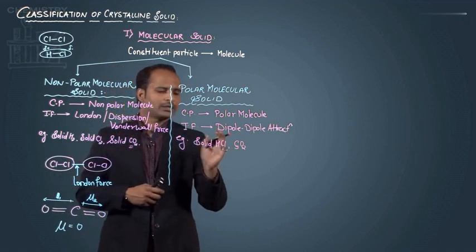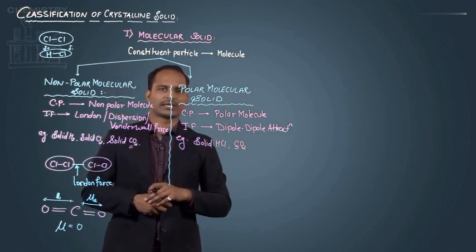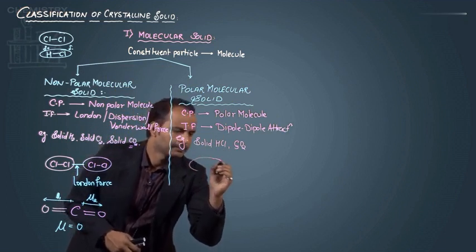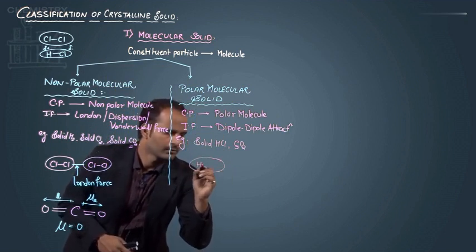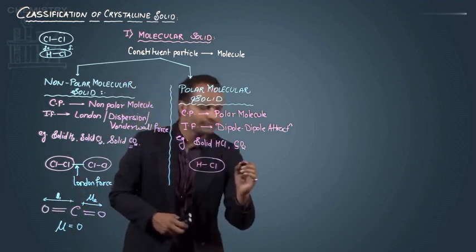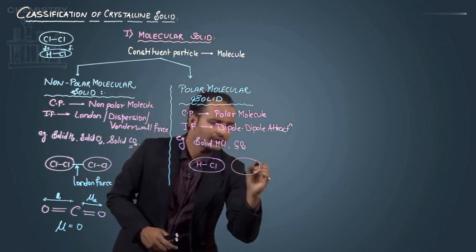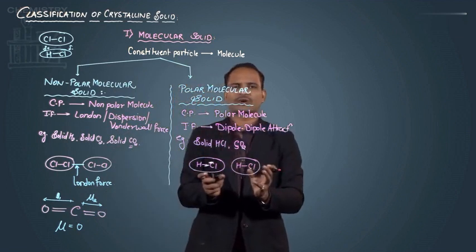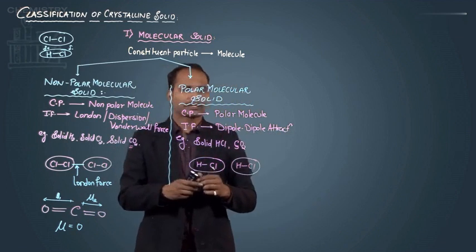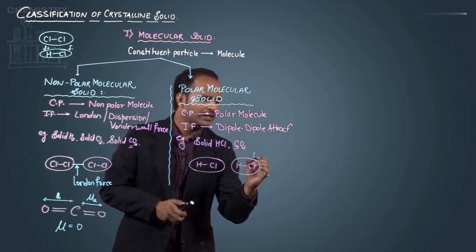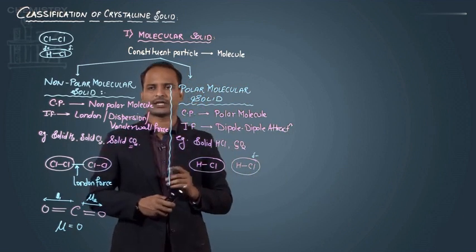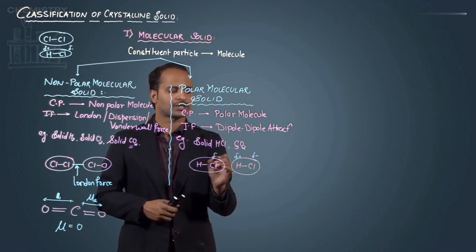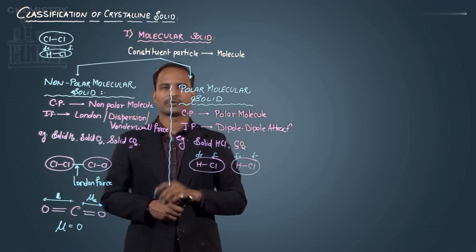Now let us consider the example of solid HCl. HCl is a polar molecule. This is the first HCl, and this is another HCl molecule. In a solid state, we all know that there will be a strong attraction present between them. Chlorine is highly electronegative, so it will carry a partial negative charge and pull the electrons toward itself. Hydrogen will carry a partial positive charge, similarly here partial negative and partial positive.